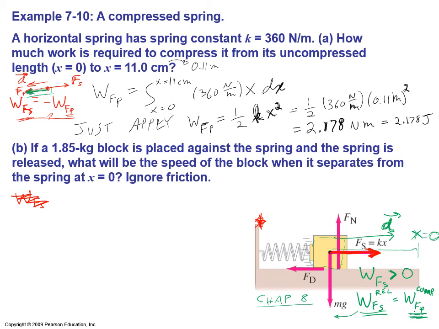So when this work is being done, we could use the language of energy instead of the language of work to say, when the hand does work on this spring, compressing it, it stores up elastic potential energy, and then once the thing is released, it converts that potential energy into kinetic energy of the block when it's moving.